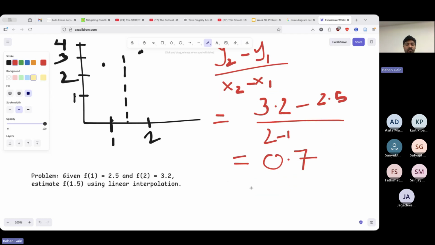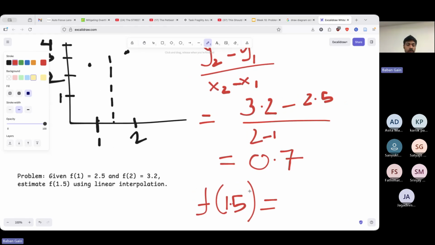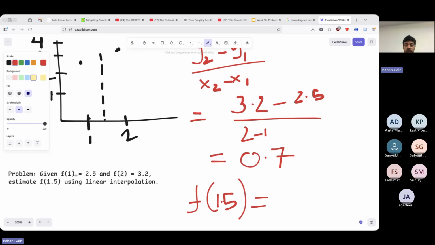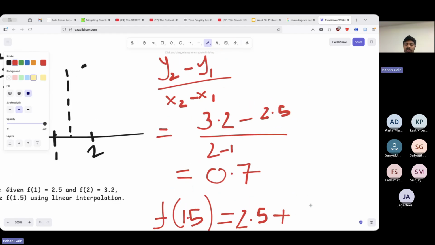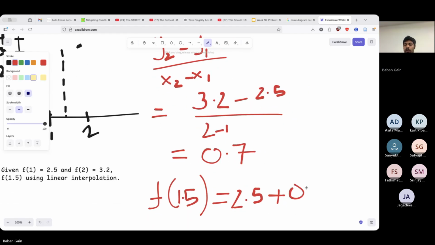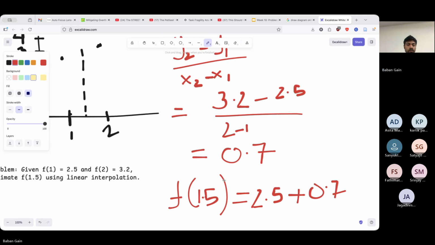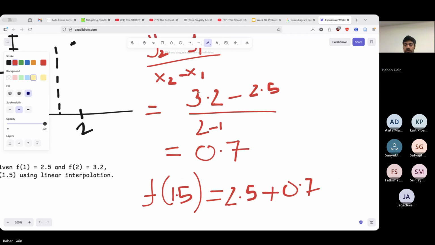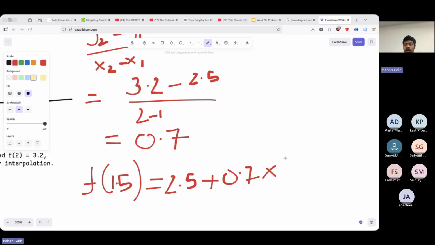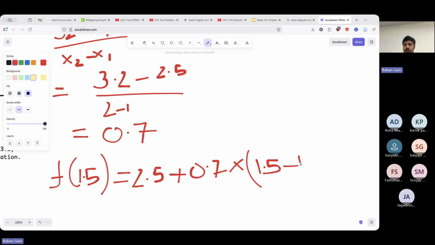So what will be the f of 1.5? It will be y1, which is f of 1, which is 2.5, plus this is the slope 0.7 into the current value of x, which is 1.5, minus the first value of x, which is 1.